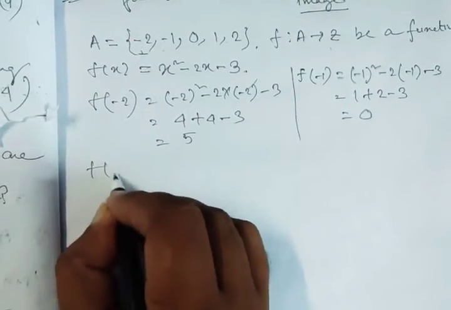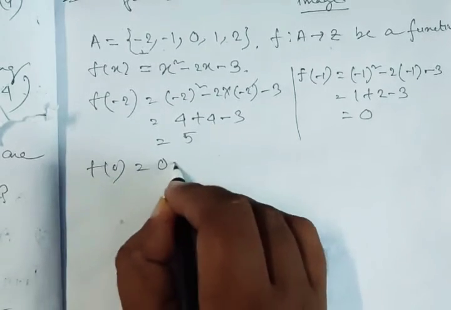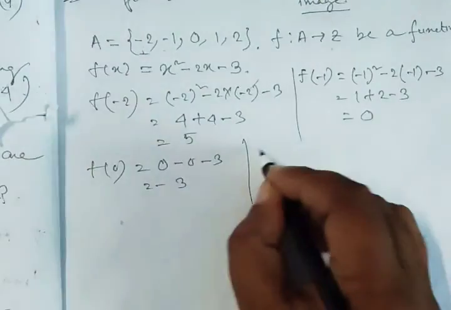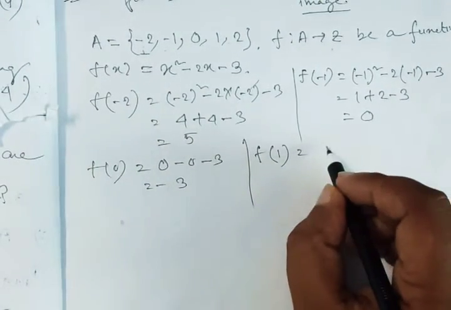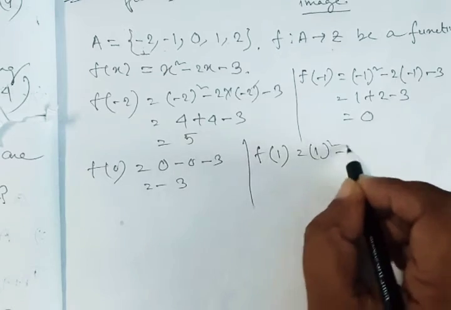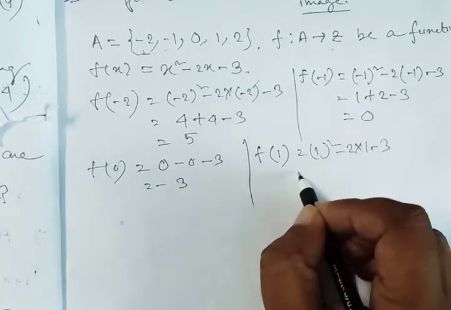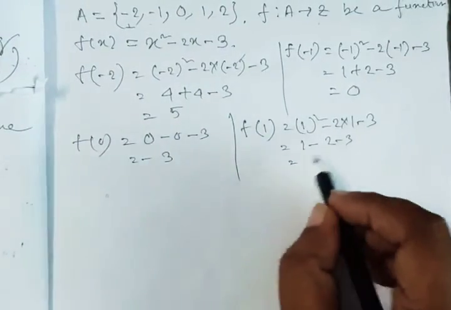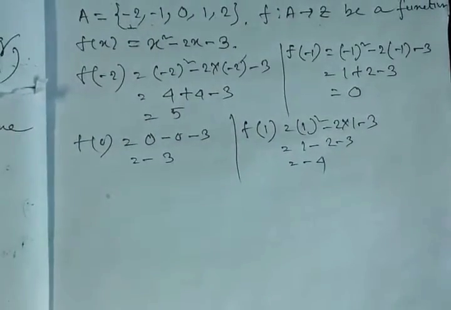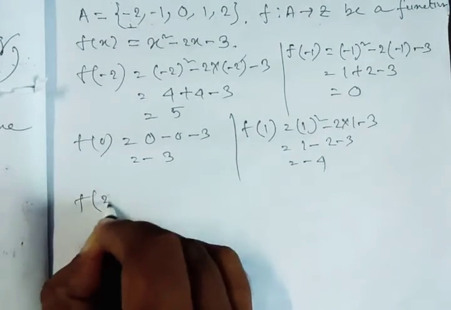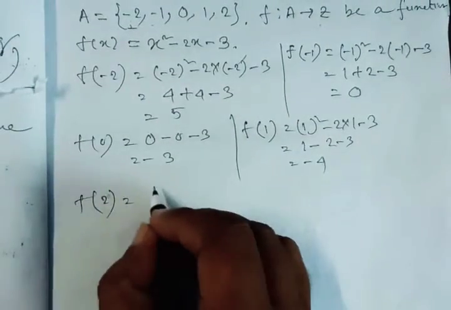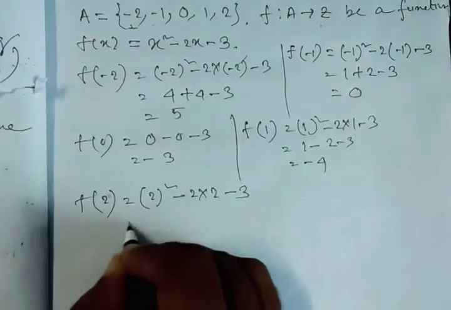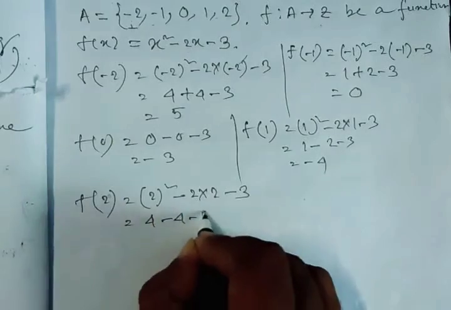Next f(0) equals 0 − 0 − 3, that means −3. f(1) equals 1² − 2 × 1 − 3, that equals 1 − 2 − 3, that equals −4. f(2) equals 2² − 2 × 2 − 3, that is 4 − 4 − 3.